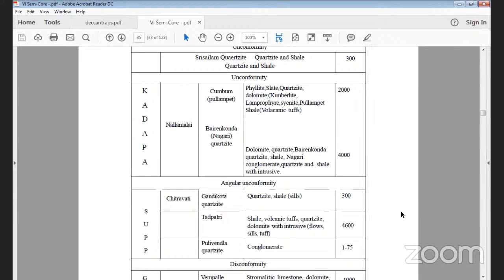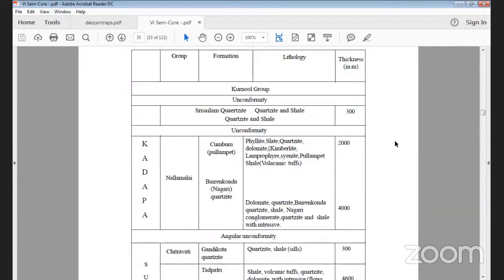In the dolomites, kimberlite formation we see here, lamprophyre, cyanite, Pulampit, shale, and volcanic types we can identify here. That means the volcanic material is coming towards the surface from deeper levels and is dispersed in the form of tubes. The thickness is around 2,000 meters.